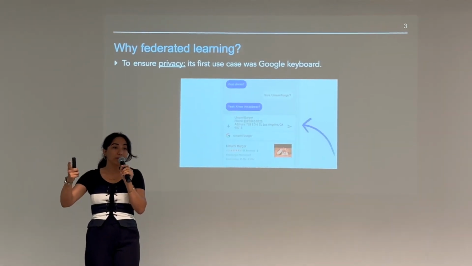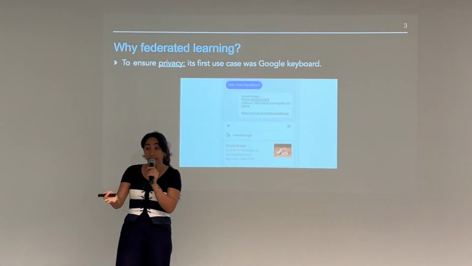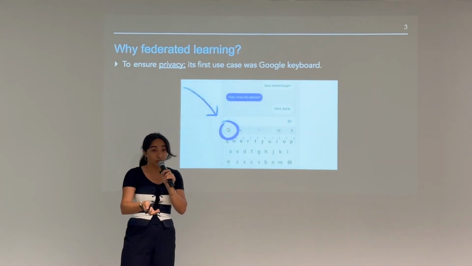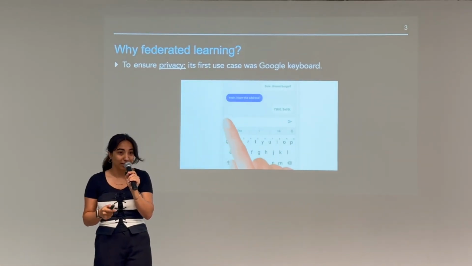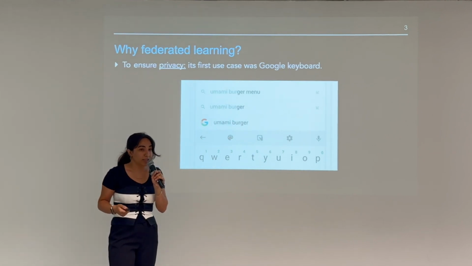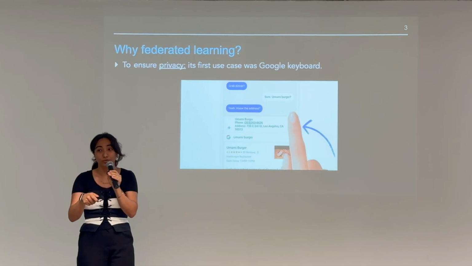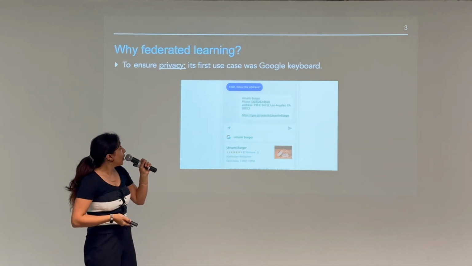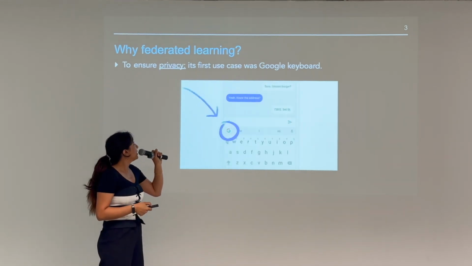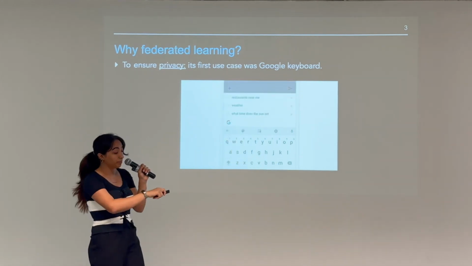It would train its model based on your data and then give you suggestions, which is nothing that any one of us wants. It's like giving all your inputs to your phone to a server that you don't know. So that's why Google came up with federated learning, just to ensure privacy.